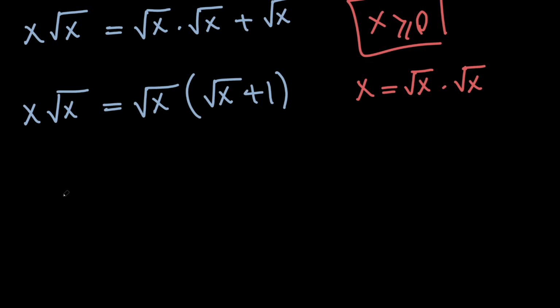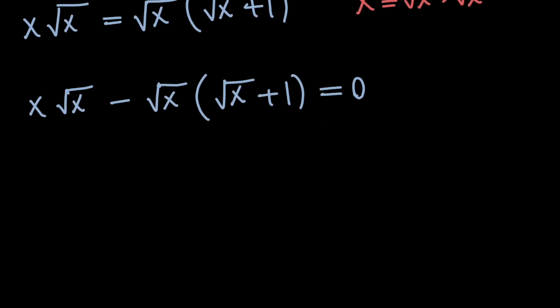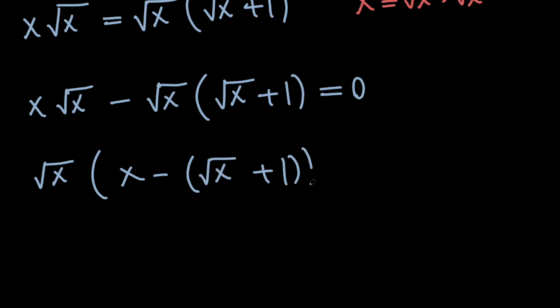So we're going to have x times the square root of x minus the square root of x times the square root of x plus 1 equals 0. Now, obviously, the square root of x is our common factor on the left-hand side, so we can pull it out. And if you do so, we're going to have root x times the quantity x minus the quantity root x plus 1 equals 0.